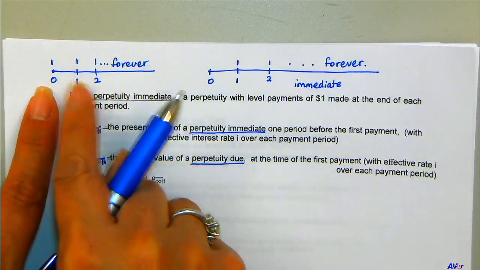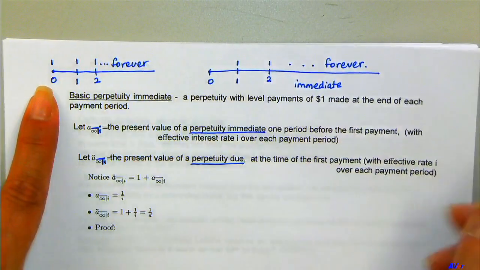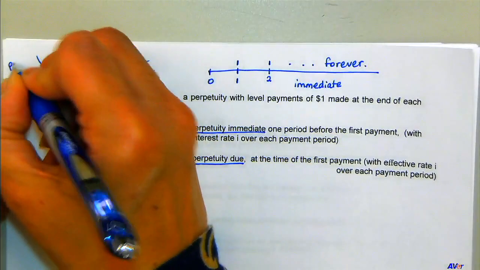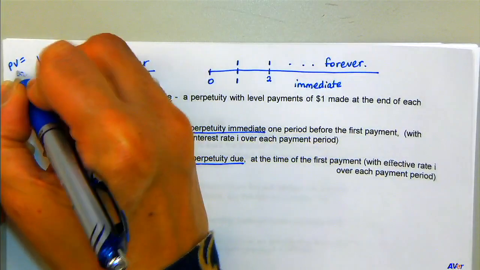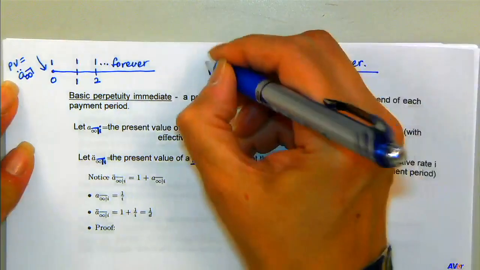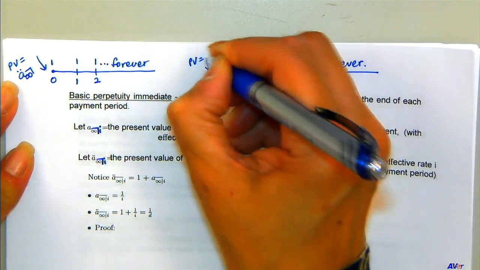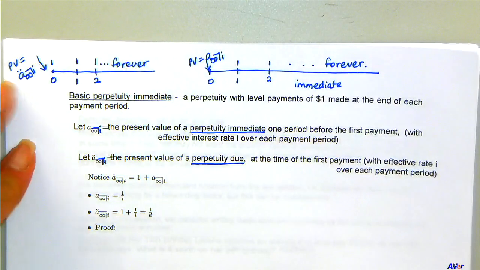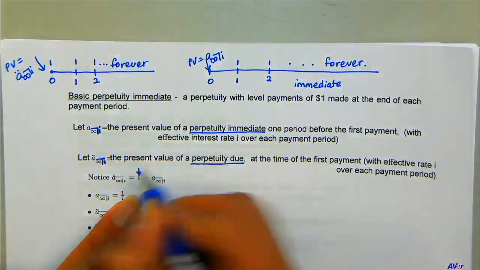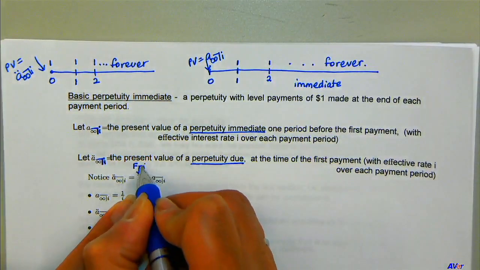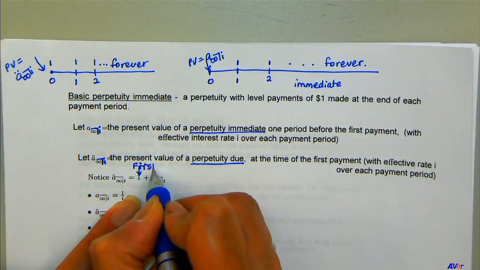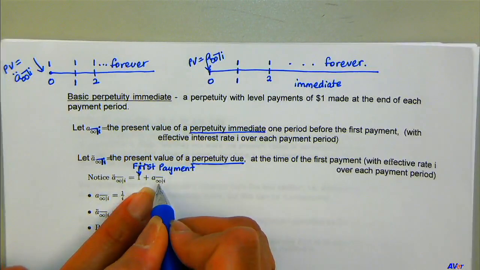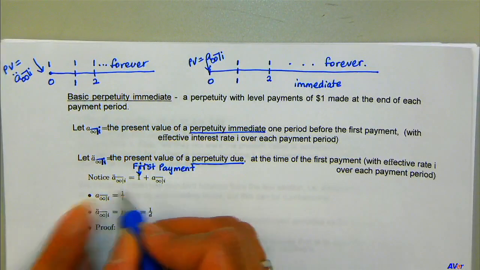And then this one has one more at time 0. So here, the present value equals ä angle infinity, and here the present value equals a angle infinity i. That's the difference. So this is saying if you count the first payment, plus the present value of the annuity immediate, you will get the annuity due.